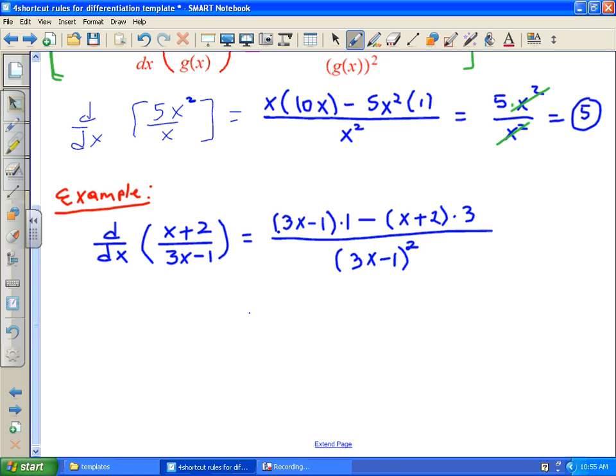All we have to do is, you don't have to distribute the bottom. We usually keep it like that traditionally as a binomial squared. Only simplify your top and be very careful with the negation sign in the middle. Make sure you distribute that over. So here we have 3x minus 1, and then this is like another negative being there, so it's like negative 3 times x, or negative 3x, and then this is like negative 3 times 2 in a sense, or negative 6, all over the denominator.